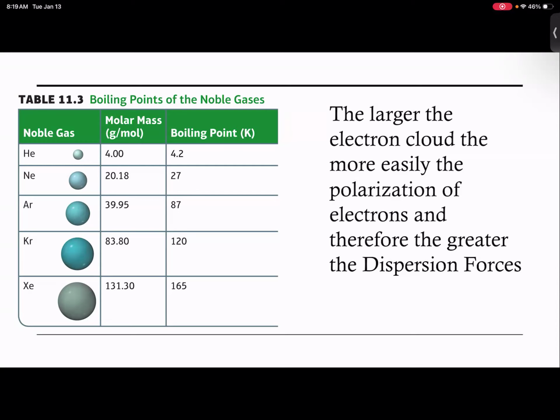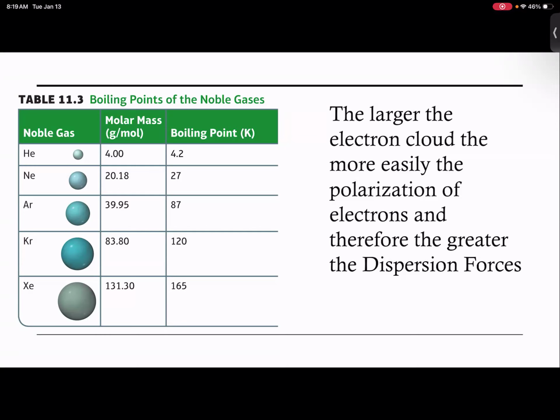You have to compare similar substances, whether they are your noble gases or straight chain alkanes. Because we can have molecules that have a similar molar mass, and they have widely different boiling points.